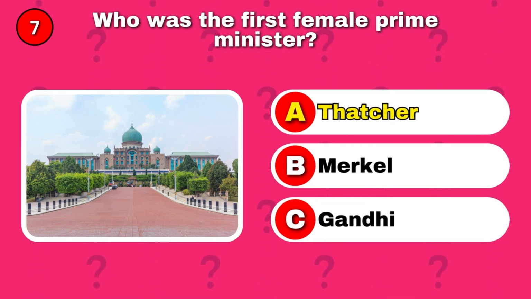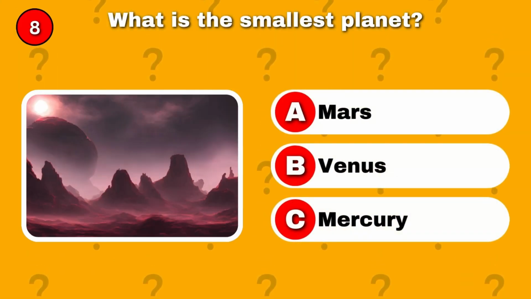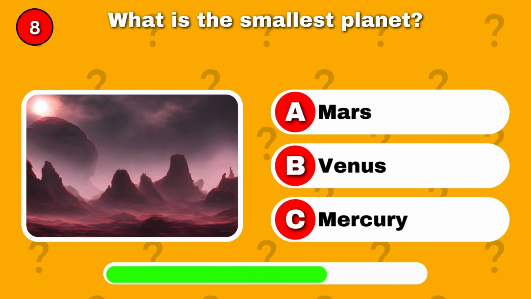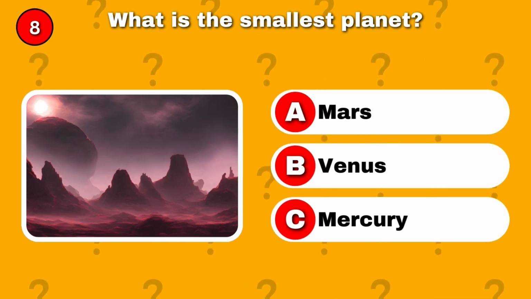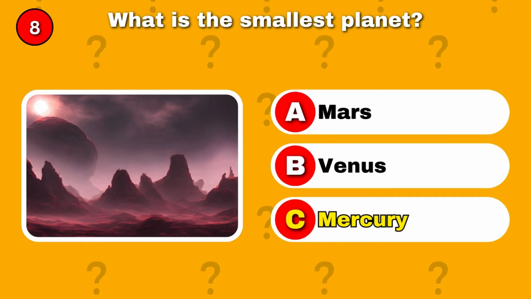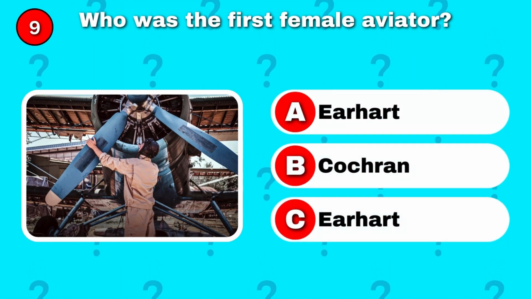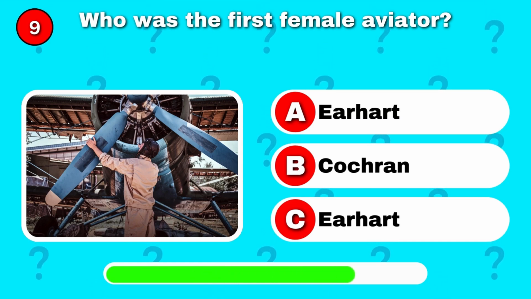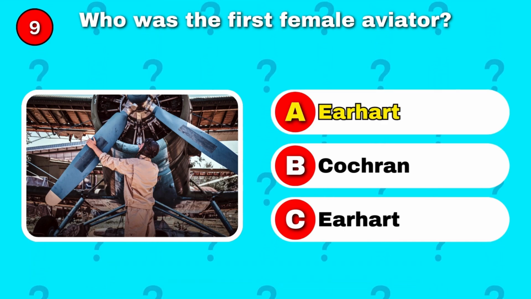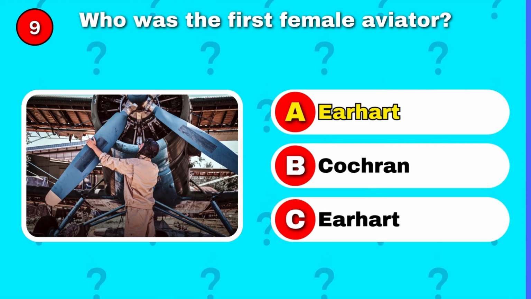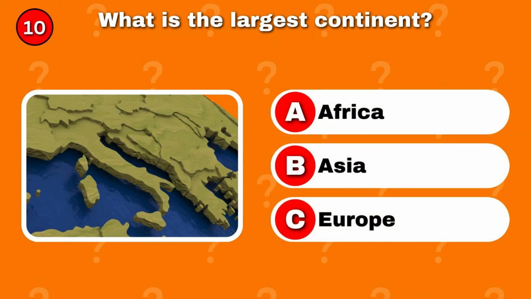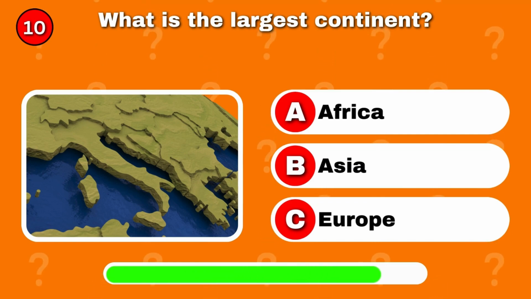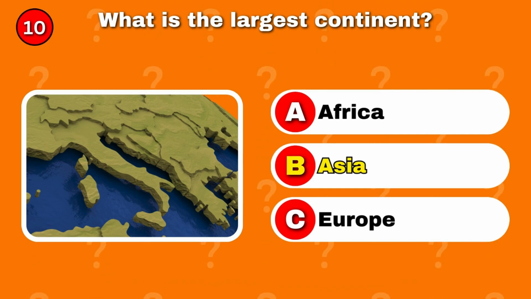The correct answer is Thatcher. What is the smallest planet? It's Mercury. Who was the first female aviator? It's A. Earhart. What is the largest continent? It's B. Asia.